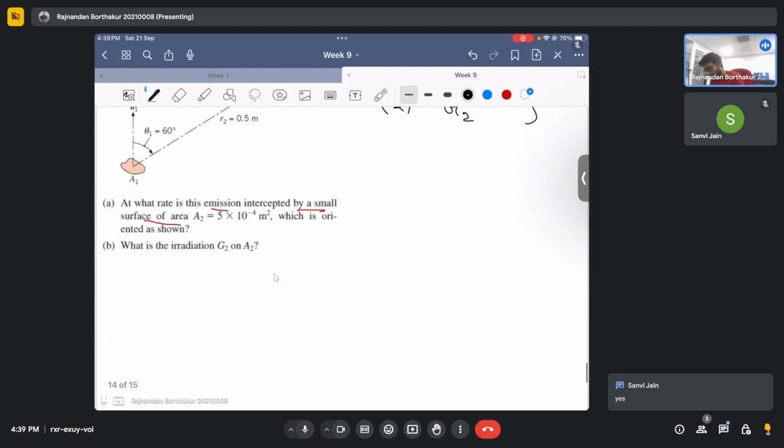So this Q12, from the above equation that we saw, is basically the net radiant energy, or you can interpret it as the emissive power, that is equal to the intensity of radiation coming out from 1.